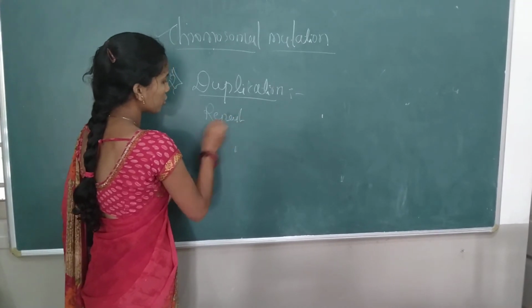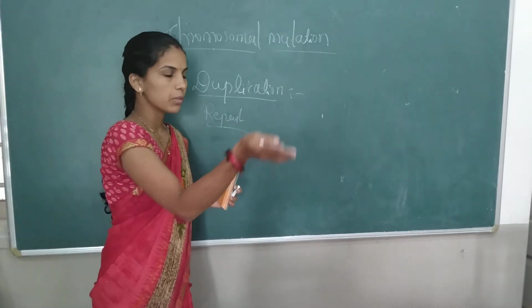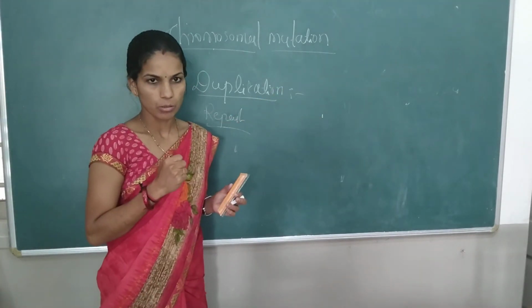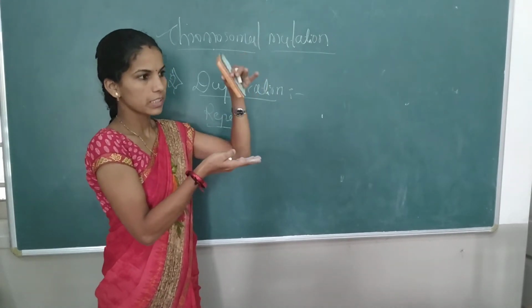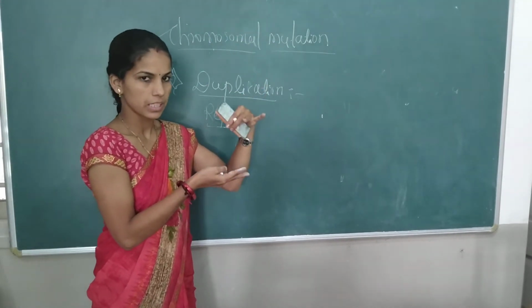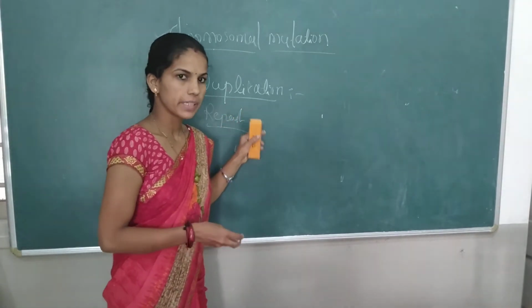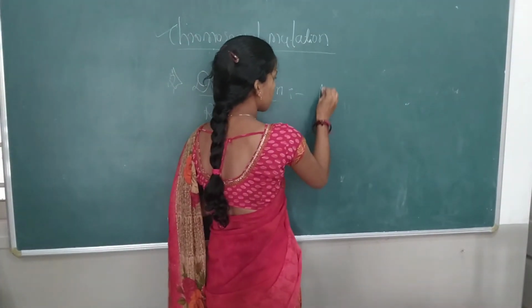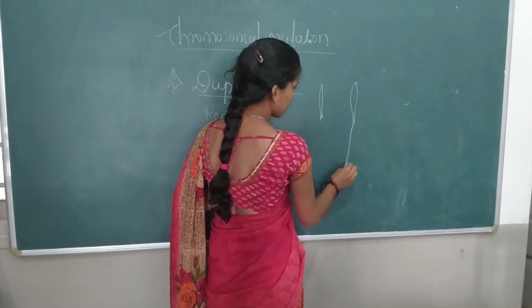Suppose one chromosome breaks or a segment of the chromosome is lost, and that segment comes and attaches to a different chromosome. That different chromosome has the same set of genes, and they are attached again. This is how duplication takes place. The broken part of the chromosome comes and attaches to the different chromosome.